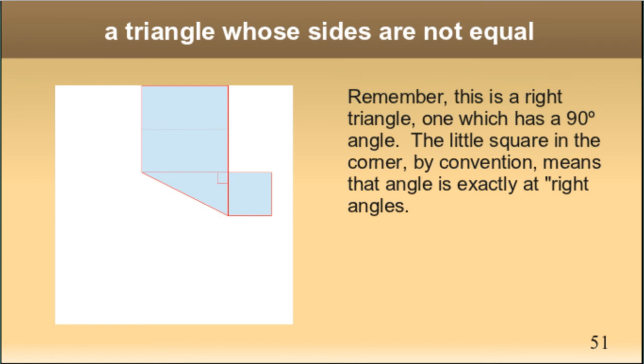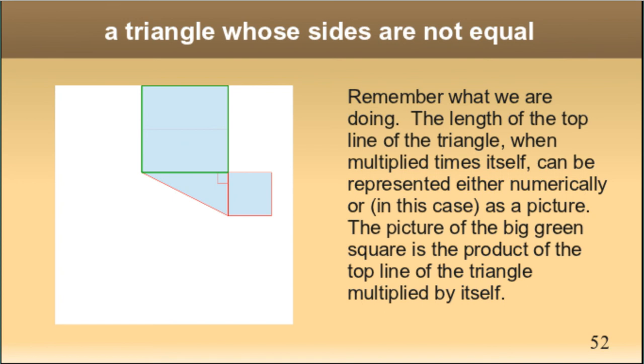Remember, this is a right triangle, one which has a 90-degree angle. The little square in the corner, by convention, means that the angle is exactly at right angles. And remember what we're doing. The length of the top line of the triangle, when multiplied by itself, can be represented visually or numerically.